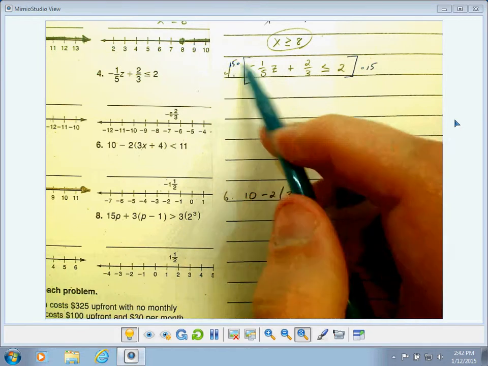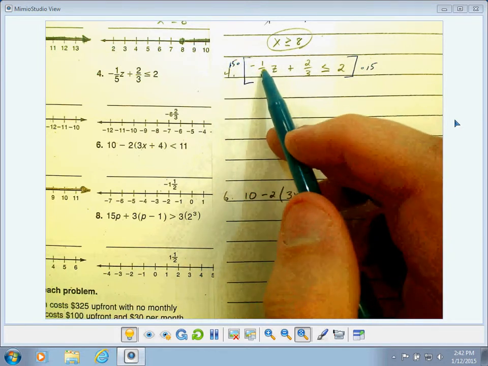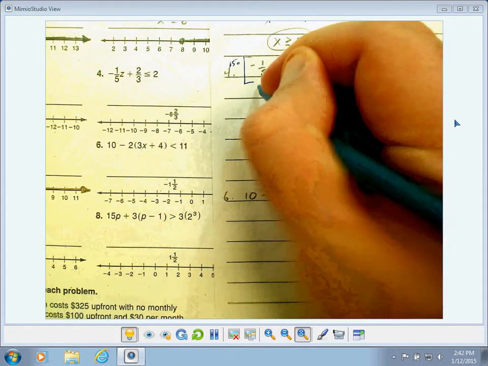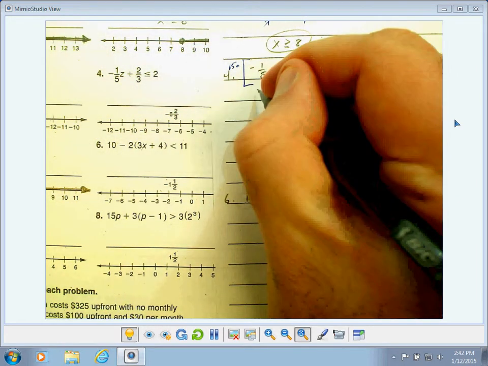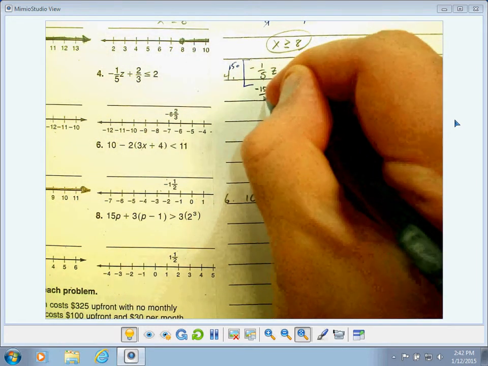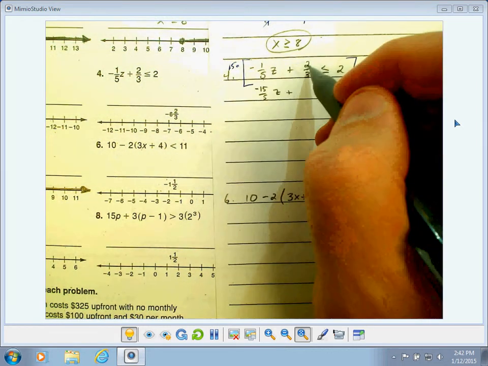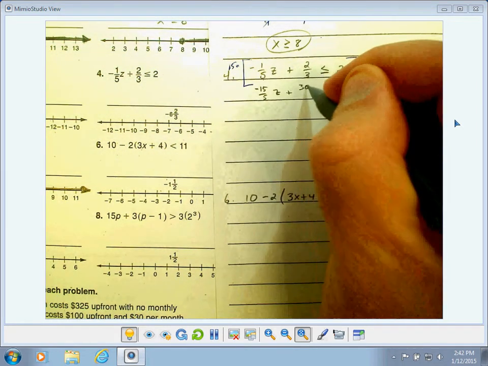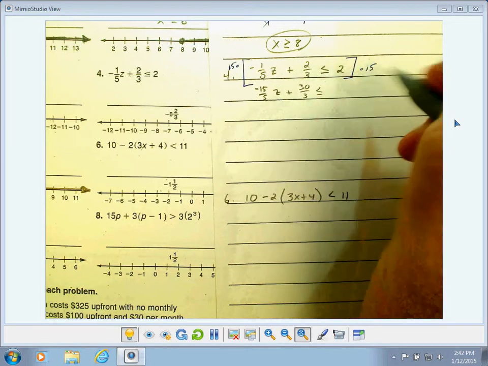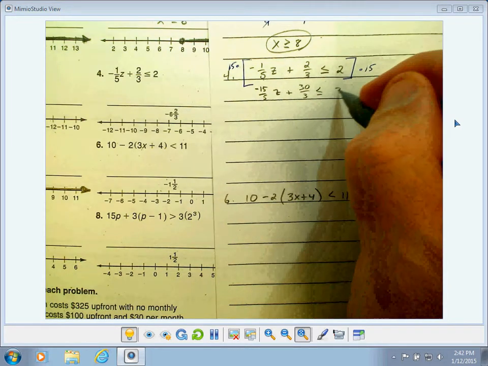So 15 times negative 1 is negative 15 over 5, and I still got the z there. And then I do it here too. 15 times 2 is 30 over 3, and then 2 times 15 is 30.